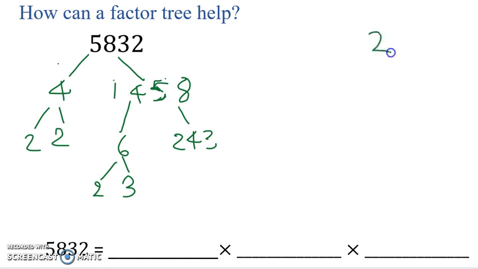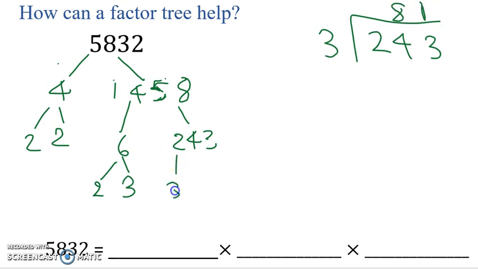Well, 243, I already know 2 numbers that multiply to give 243. If you don't, let's try 3, last digit. 3 into 24 goes 8 times, and 3 into 3 goes 1. So we've got here 3 times 81, and now we know we're really close because 81 is just 9 times 9. I go a little bit further and break that into 1, 2, 3, 4 3s.